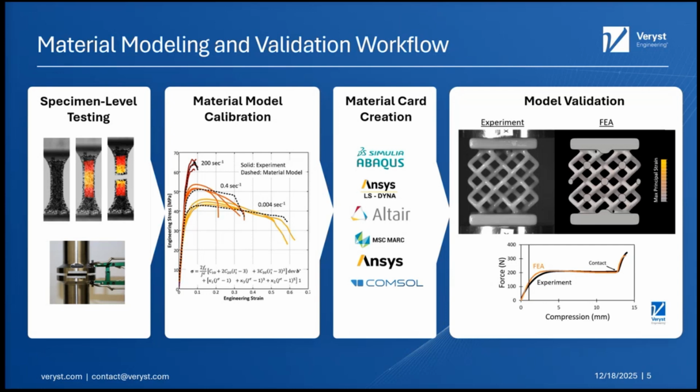That can work well for that indentation test because it's very easy to model. But if you're doing a compression test, I don't like that because it gives you a non-uniform stress state. And we've done some simulations to basically show for what we think are reasonable values of friction, 0.05 to 0.1, we get like a 1 or 2% error for most materials at like 50% strain. So that's a pretty small error that I'm willing to live with.